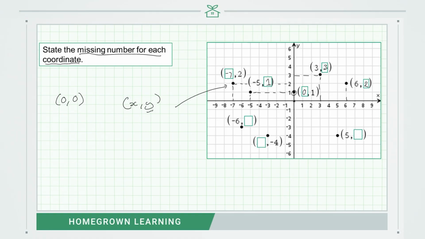Now if we look at this one, this point is at -6 in terms of where it hits the x-axis, and where it hits the y-axis is -3. Here, the point is at -4 on the y-axis, but -3 on the x-axis. This one is 5 across in the positive x-axis, but it is -4 in the y-axis.